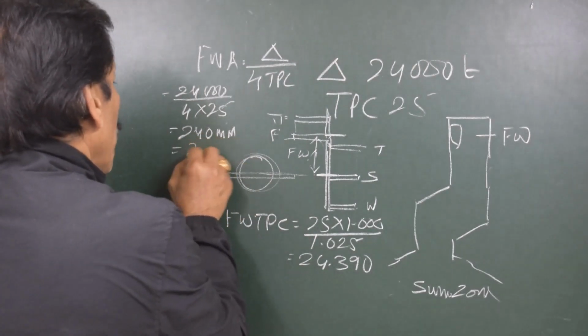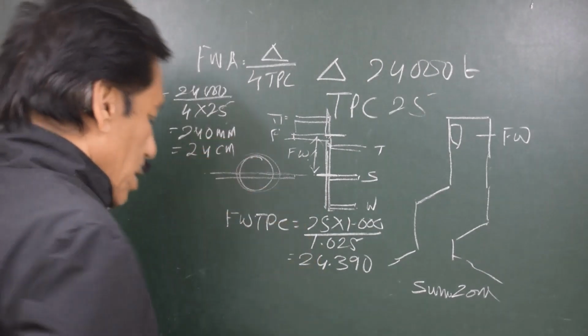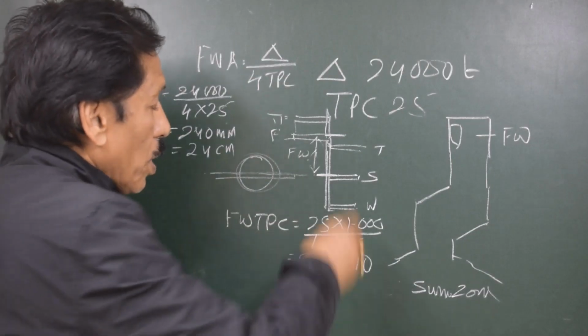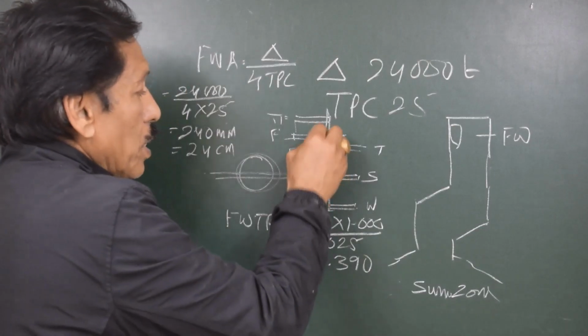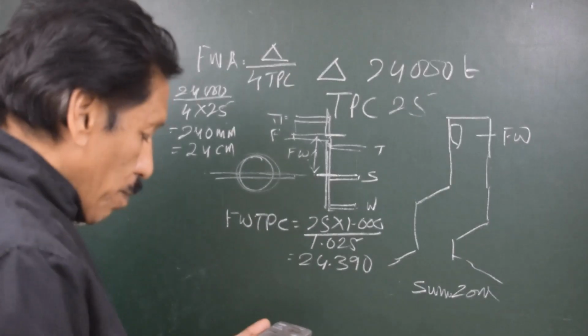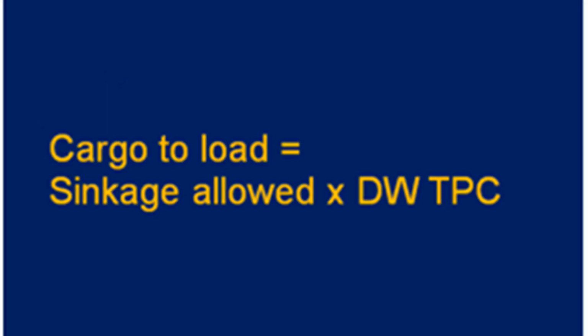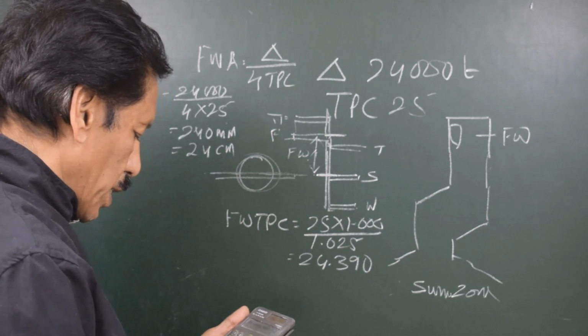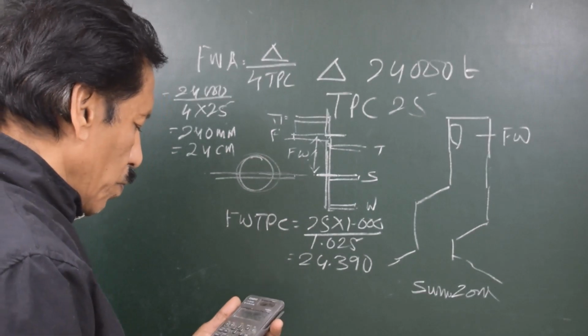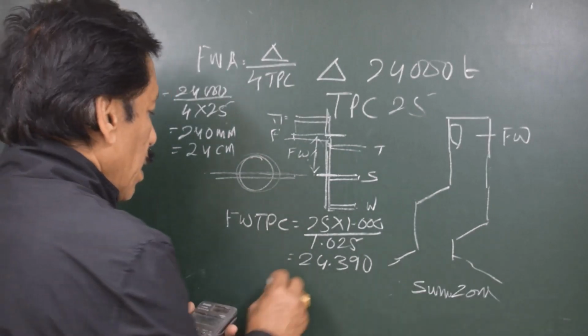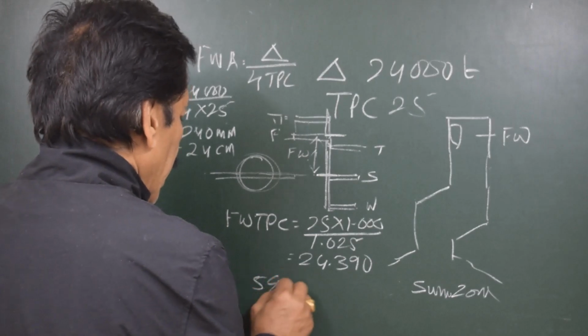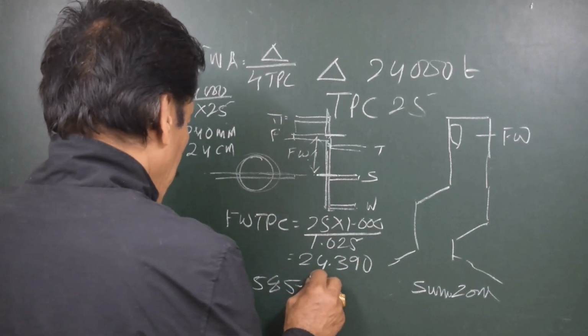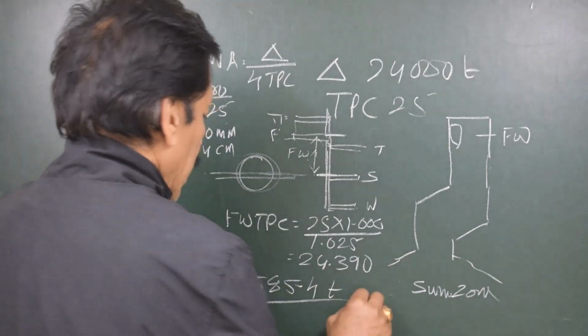So that means the ship can load 240 millimeters, which is 24 centimeters. So to submerge from here to this point, she will be loading 24 multiplied by 24.39, that is equal to 585.4 tons approximately.